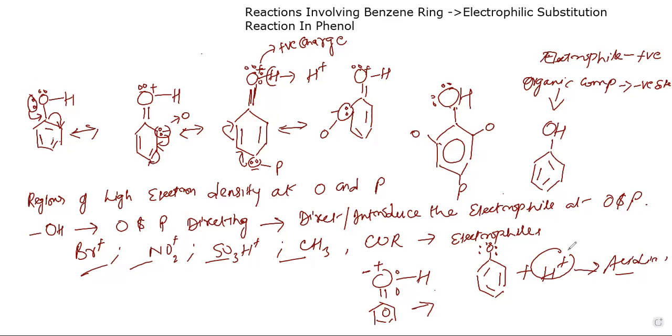So let's quickly move on, and now we'll look into some of the electrophilic substitution reactions of the benzene nucleus. Now we know that your OH group, the hydroxyl group, is an activating group, or basically we say that it activates your benzene nucleus.